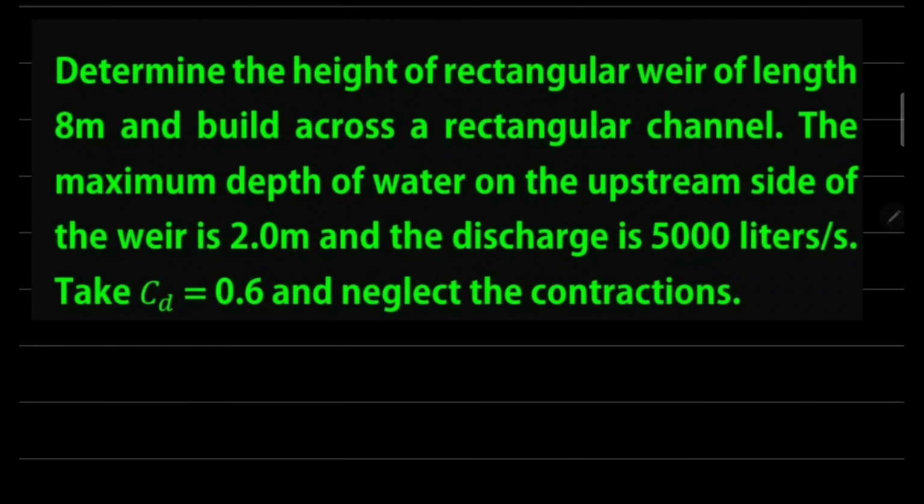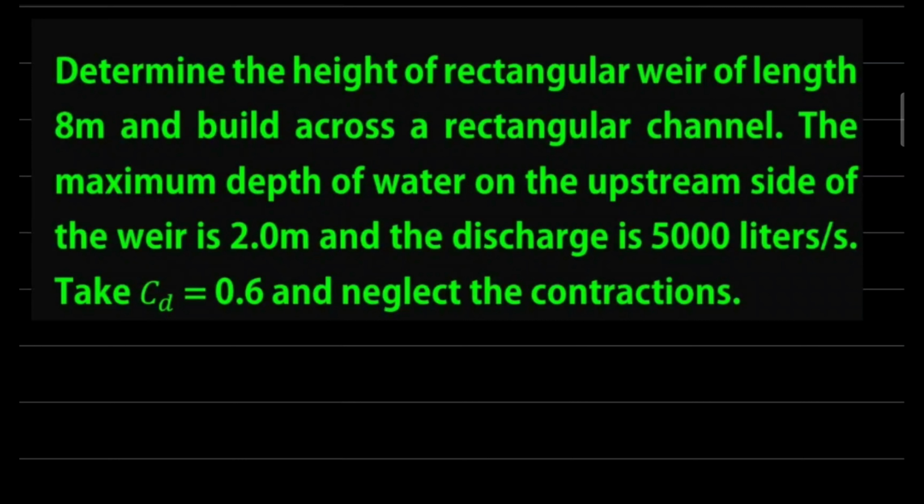So let's solve one problem where we have to figure out the height of the weir, where the discharge and other details are given. The problem says: determine the height of a rectangular weir of length 8 meter built across a rectangular channel. The maximum depth of water on the upstream side of the weir is 2 meter and the discharge is 5000 liter per second, and we take the CD value as 0.6, and we need not consider any contraction in the weir.